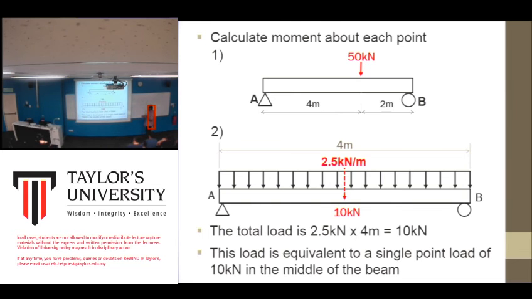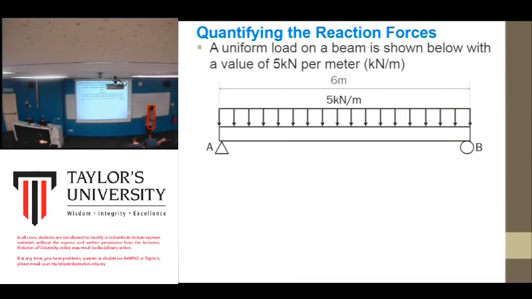Here a uniform load on a beam is shown below with a value of 5 kilonewton per meter. Sorry, 5 kilonewton per meter. The distance is 6 meters. As I mentioned, you need to convert this into a point load. 6 times 5, you get 30 kilonewton.